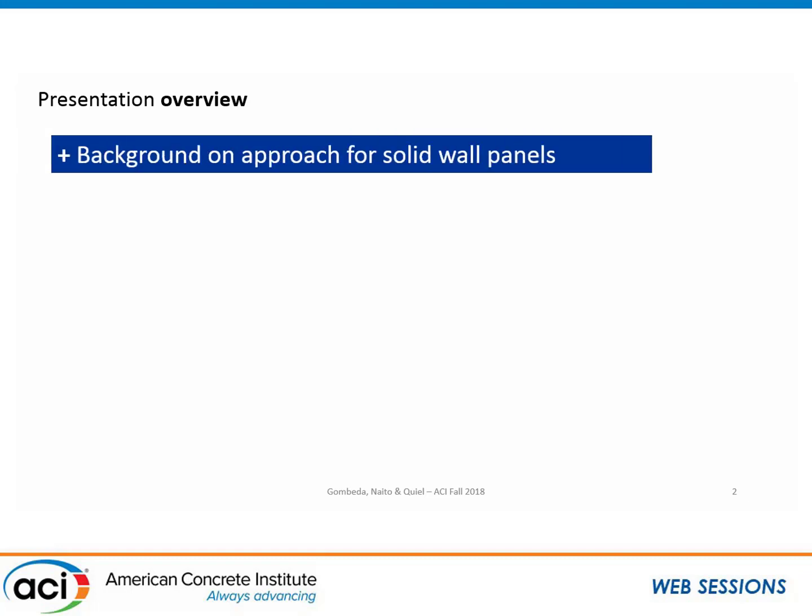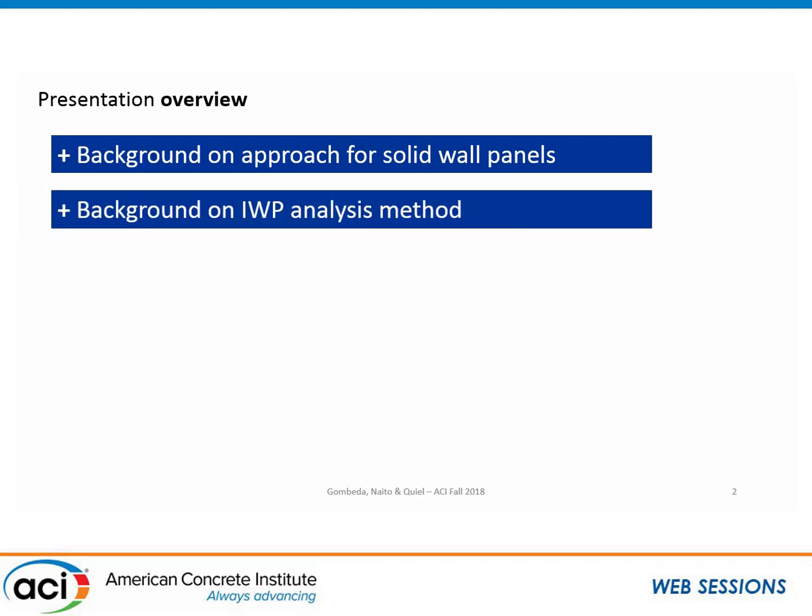So just to go through the overview, first we'll talk about some of the work that we've done previously for solid wall panels and blast design, how we've looked at different response criteria and different behavior mechanisms there. Also a method that we did on insulated wall panels that looks at the performance of the panels as a function of what the properties of the shear ties are.